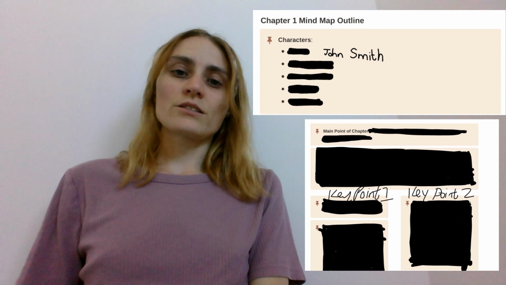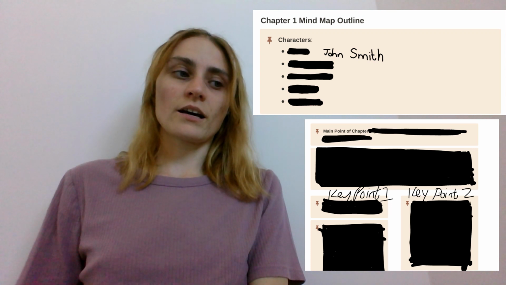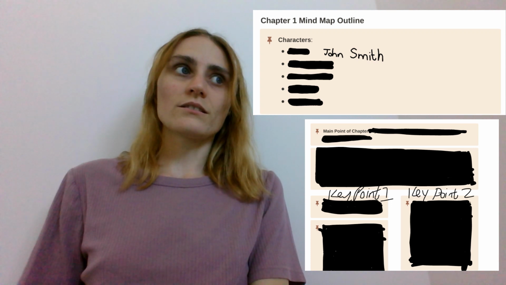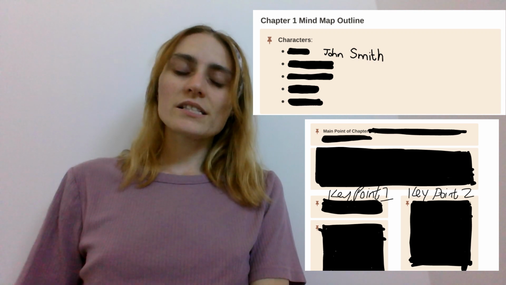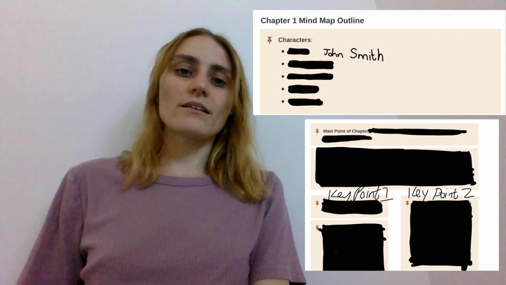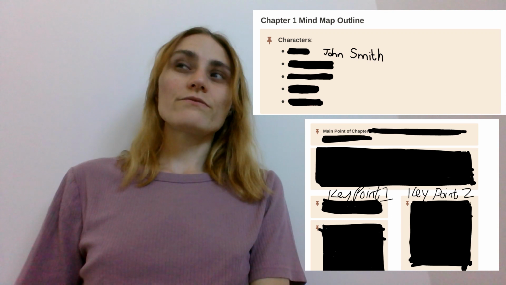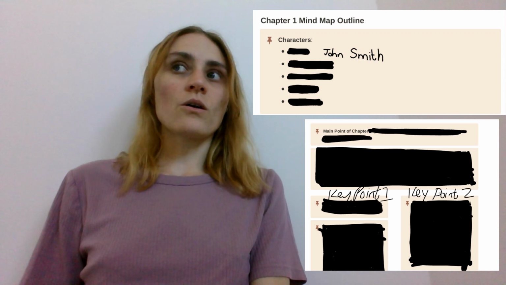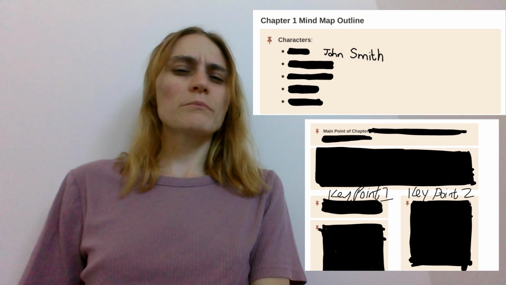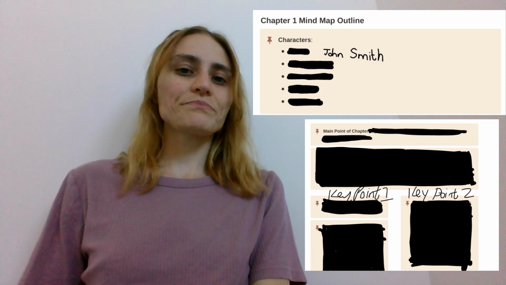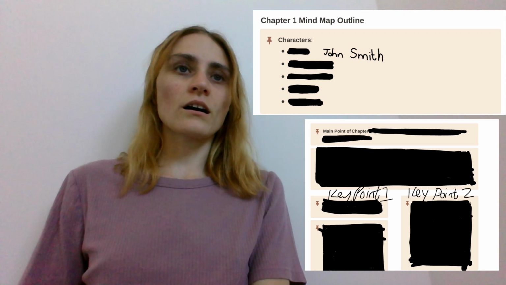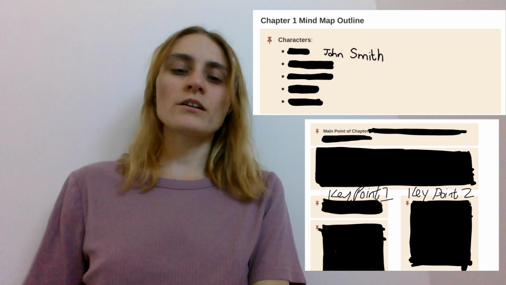So I'm not throwing in a random key point with nowhere to put it and feeling a little lost on what to do with it. It helps skeleton out the chapter, if you will, by giving me a starting point, or an overall theme of the chapter.